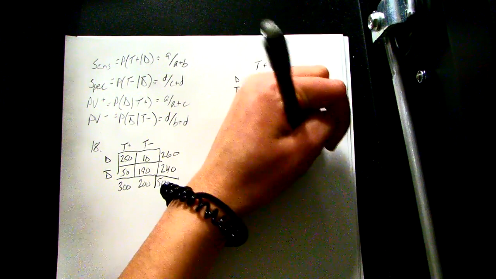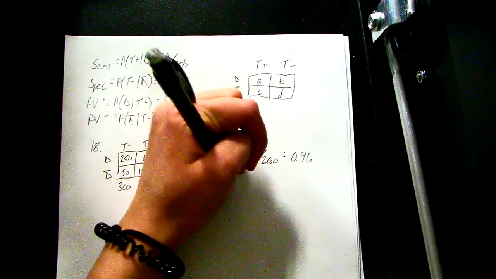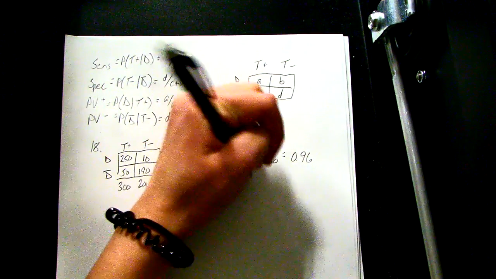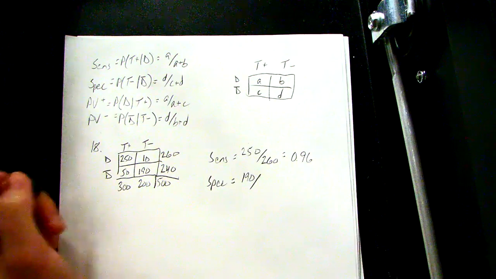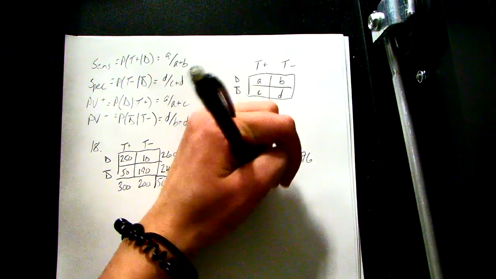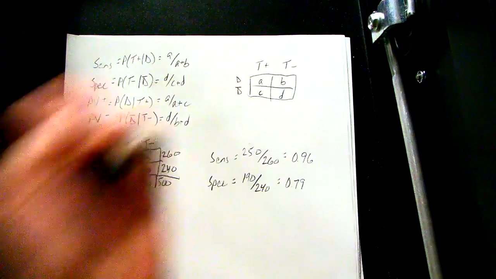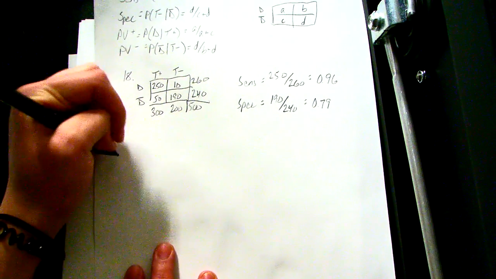And that would give us a sensitivity of 0.96. Specificity would be equal to 190 over C plus D, which is this margin, 240. And that would give us a specificity of 0.79. And that's it for question 18.